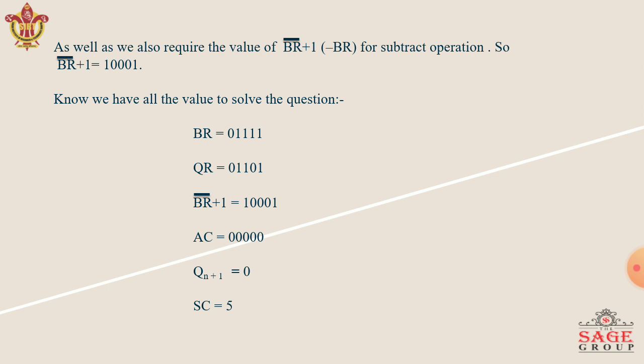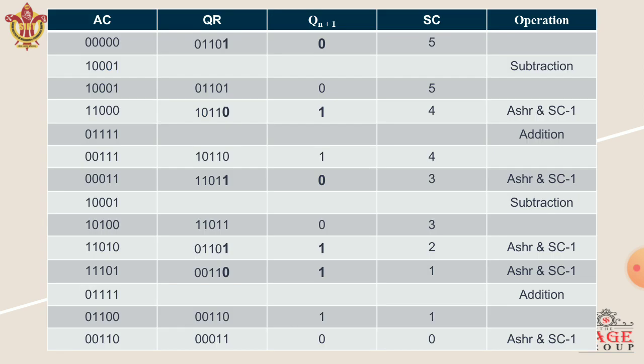Now we have all the values to solve the question. BR equals 01111, QR equals 01101, BR bar plus 1 equals 10001, AC equals 00000, Qn plus 1 equals 0, and SC sequence counter equals 5. So let's solve the question.